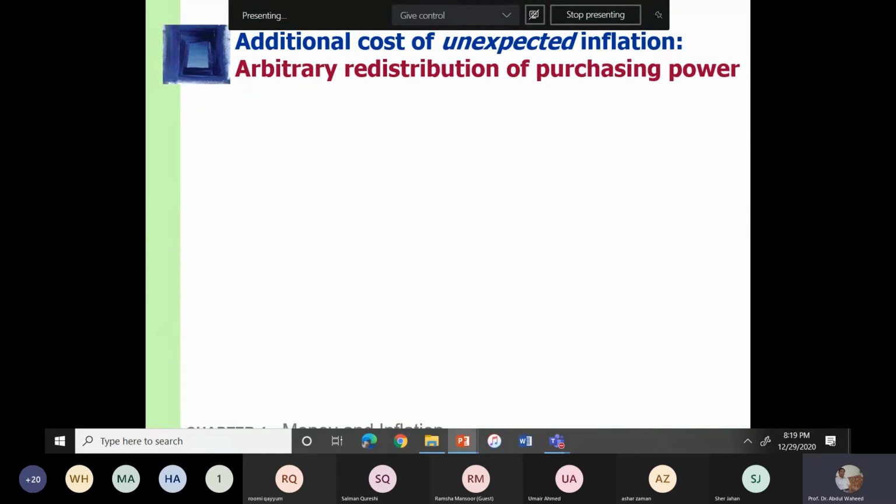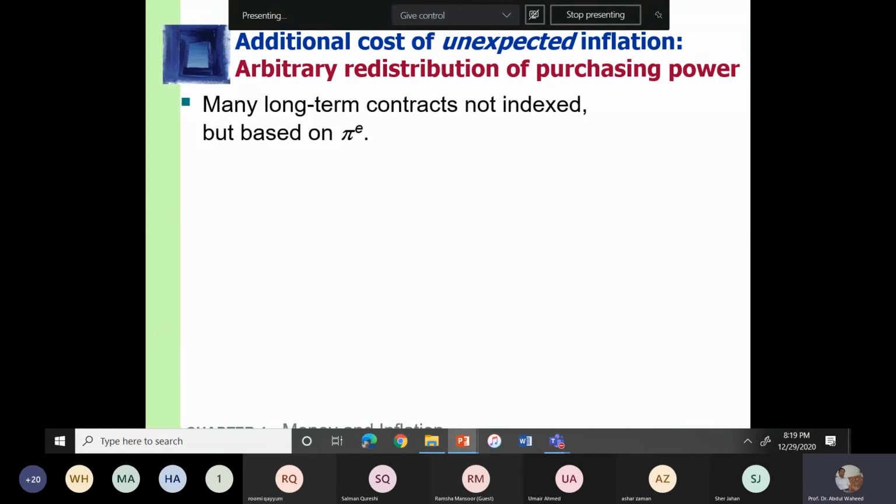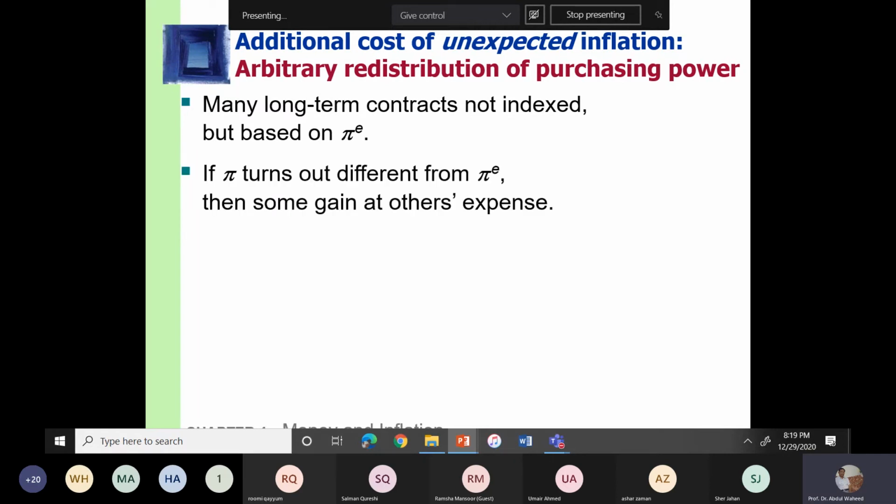There is also arbitrary redistribution of purchasing power. Many long-term contracts are not indexed, but based on short-term expected inflation. So if actual inflation turns out different from expected inflation, then some people will gain and other people will lose.